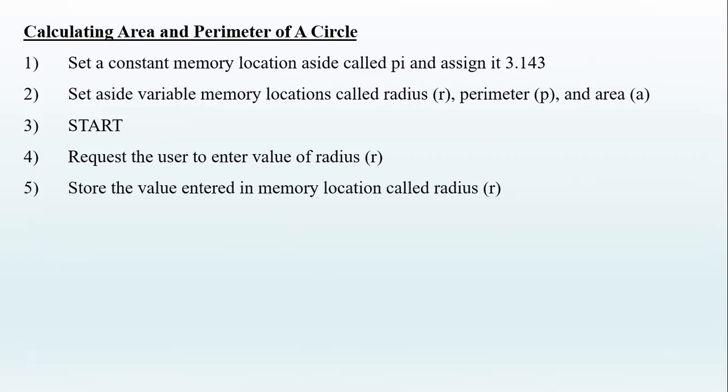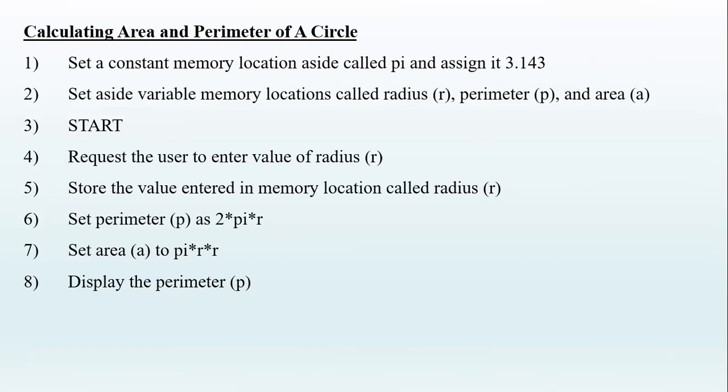Number five, store the value entered in memory location called radius. Number six, set perimeter as 2 times pi times radius. Number seven, set the area to pi times radius times radius. Number eight is display the perimeter. Number nine, display the area.